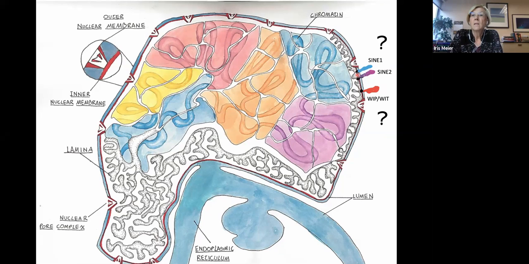And for the SINE1 and SINE2 story, more than for the WIT story, you will have noticed, if you followed all along, is how is any of this I just told you connected to the role of the nucleus in guard cells. And I think that is the big question that will tie us back to the whole LINC complex and KASH protein story, which is how we got into all of this.